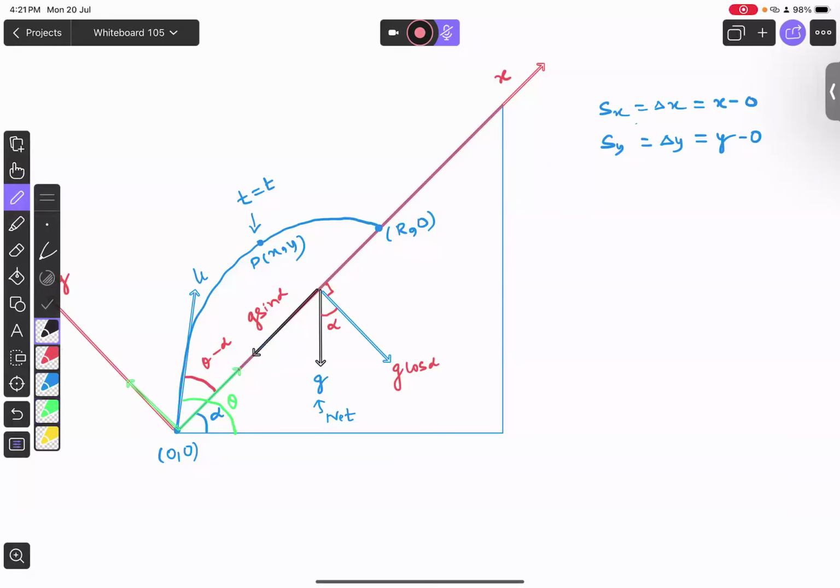So the component along x will be u cos(theta minus alpha), and the component along y will be u sine(theta minus alpha). The acceleration along x is minus g sine alpha, and the acceleration along y is minus g cos alpha.